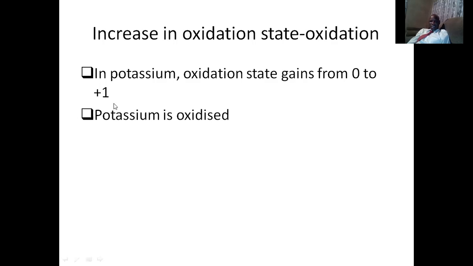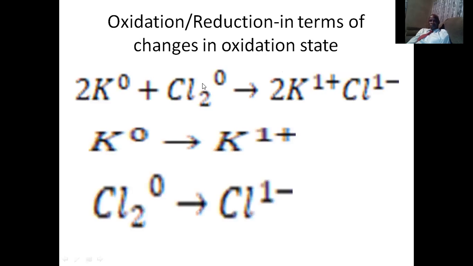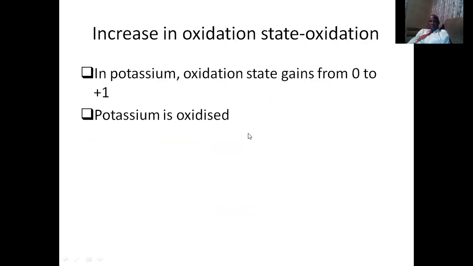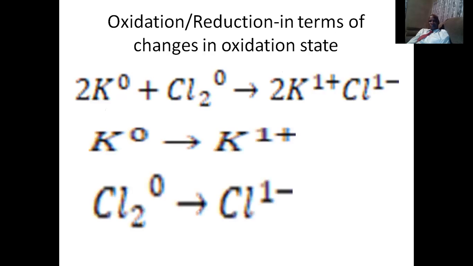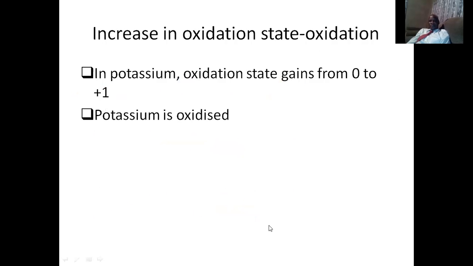So potassium's oxidation state has gone from 0 to +1, and so we are saying potassium has been oxidized, while the oxidation state for chlorine has decreased from 0 to -1. And so we say chlorine has been reduced.